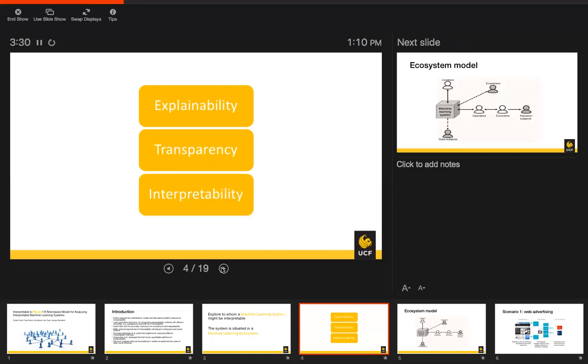The third terminology is interpretability, the level to which an agent gains and can make use of both the information embedded within explanations given by the system and the information provided by the system's transparency level. So these 3 terminologies will be talked about in the whole manuscript.